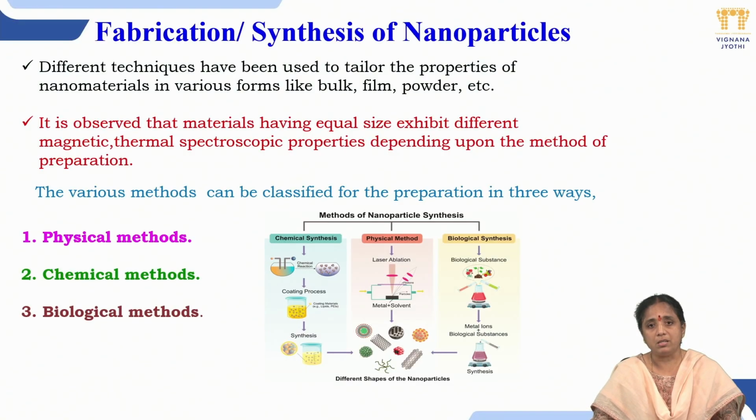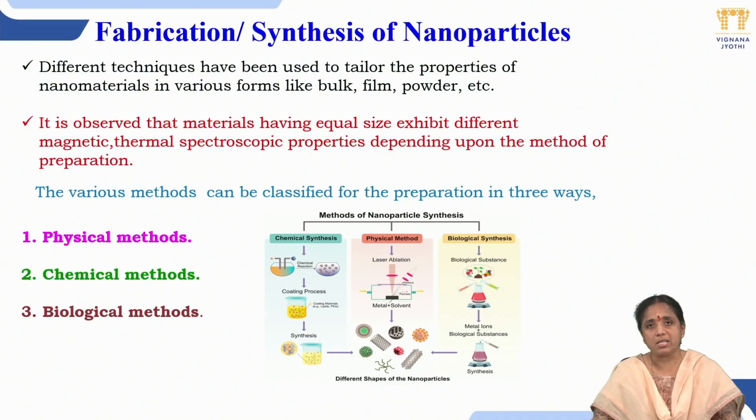This is one of the reasons we have to choose the method very wisely. Particles of equal sizes can exhibit different magnetic, thermal, and spectroscopic properties depending on the kind of preparation. So the method plays a crucial role in getting nanoparticles in the nano size.